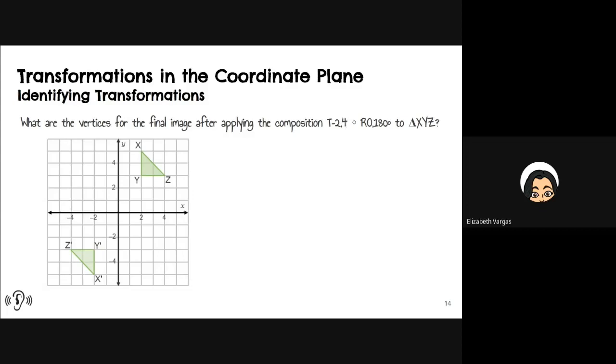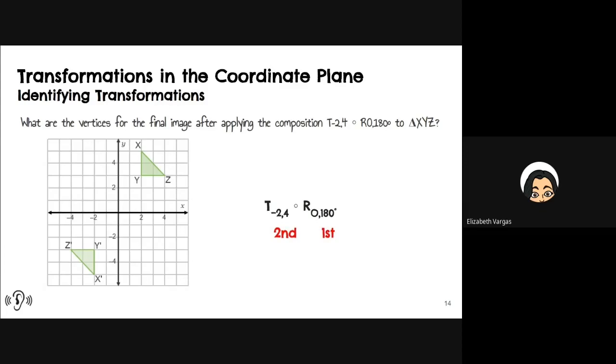So we take our original pre-image coordinates and first complete this mapping rule to those original coordinates, and then after we've done that, we complete this mapping rule.